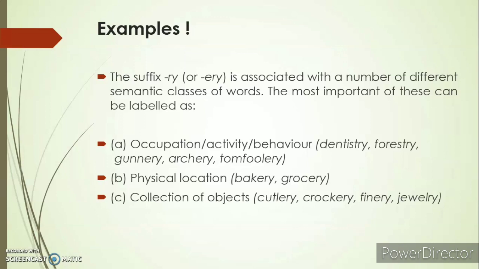B, physical location, for example, bakery and grocery. And C, collection of objects, for example, cutlery, crockery, finery, and jewelry.